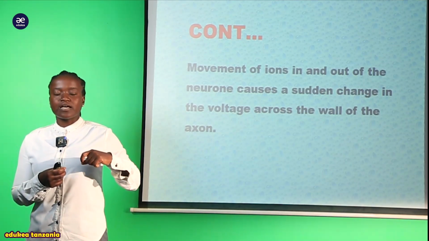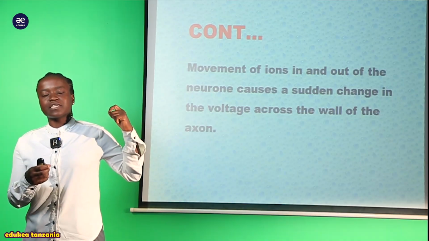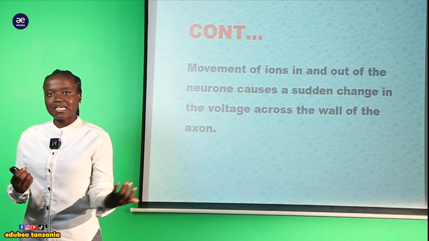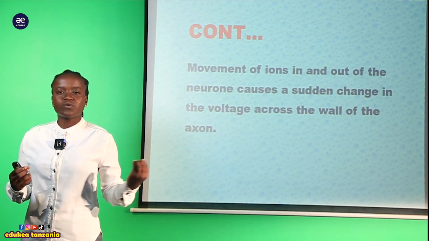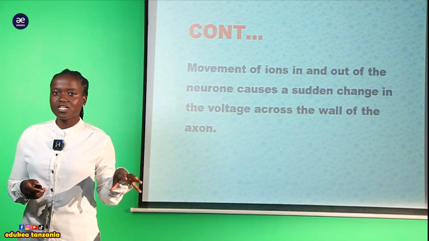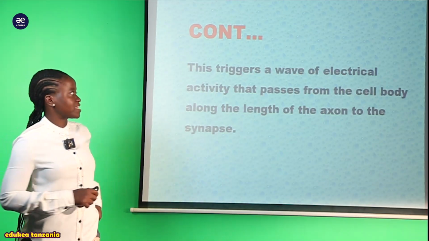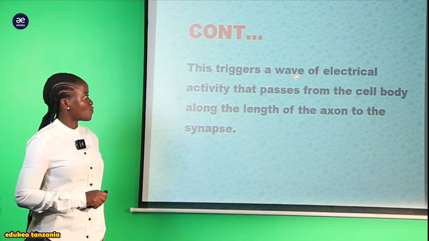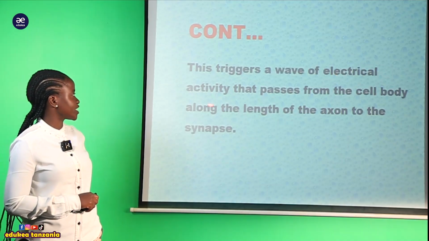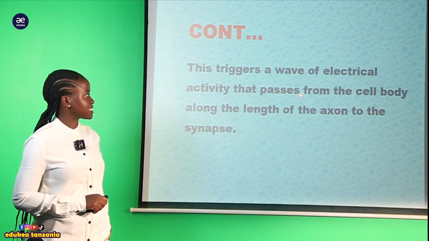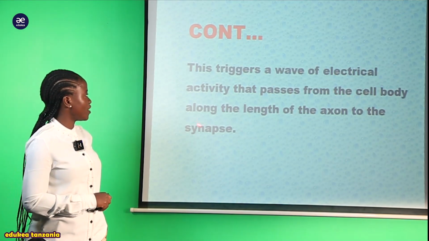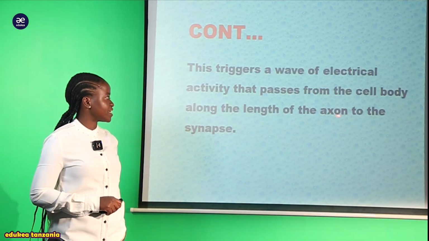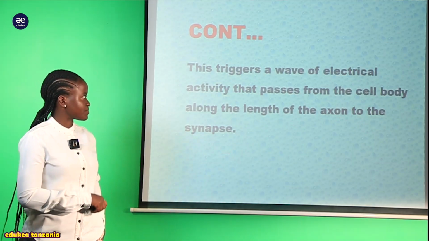So there are changes occurring within the axon that make the impulse be carried within the axon very easily. And also we are saying that this triggers a wave of electric activity that passes from the cell body along the length of the axon to the synapse.